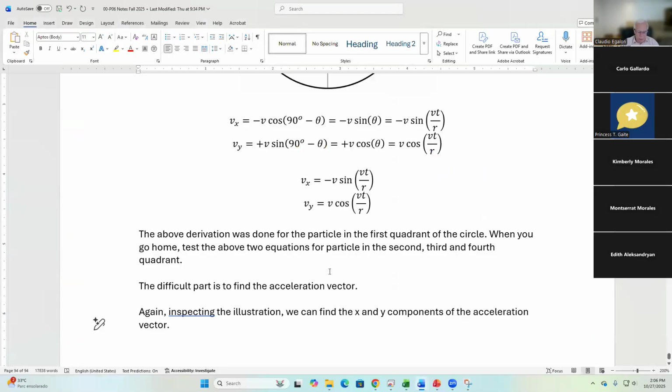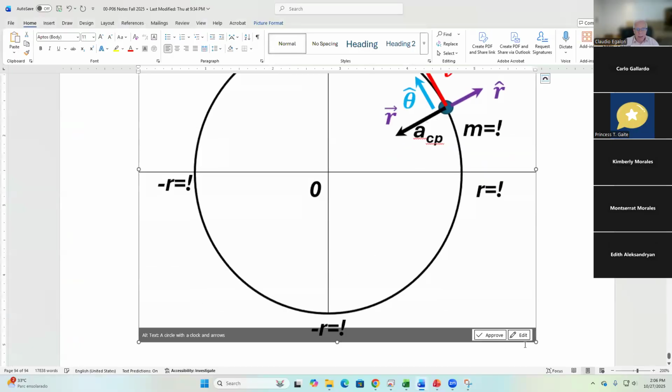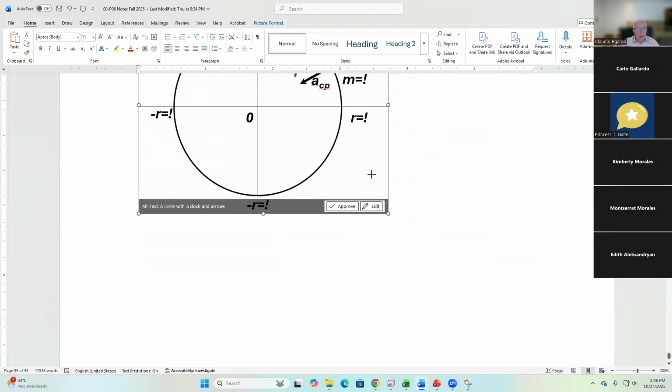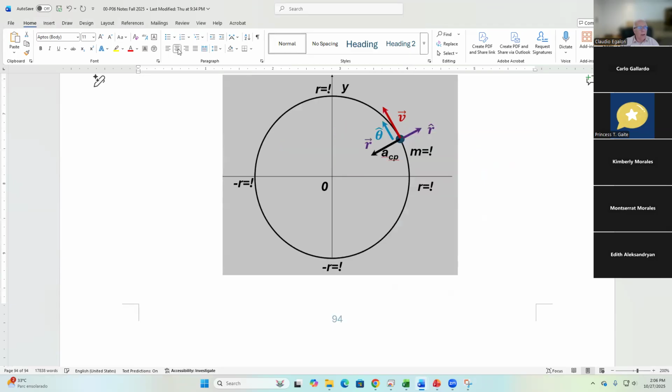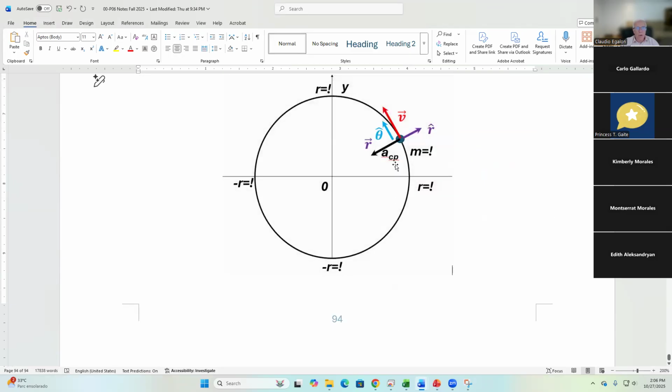So I'm going to, like that. Oops. Okay, so notice that the centripetal acceleration vector has a direction contrary to the position vector, right?